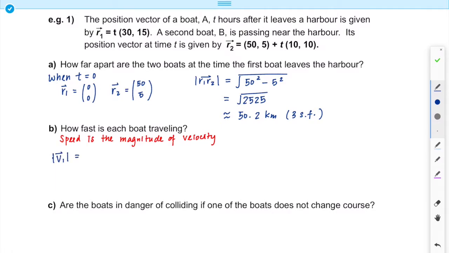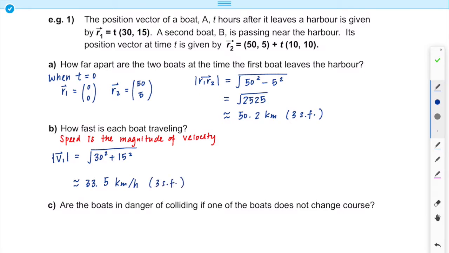The velocity vector is the scalar multiple piece. So in t(30, 15), (30, 15) is v1. Its magnitude is the square root of 30 squared plus 15 squared, which works out to about 33.5 kilometers per hour.